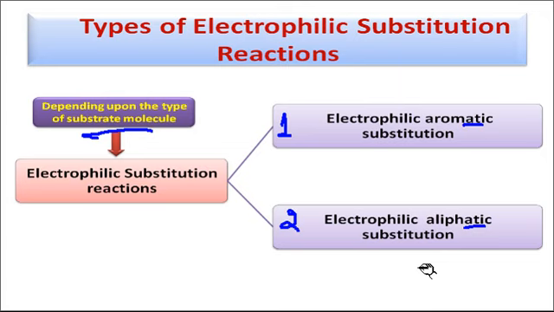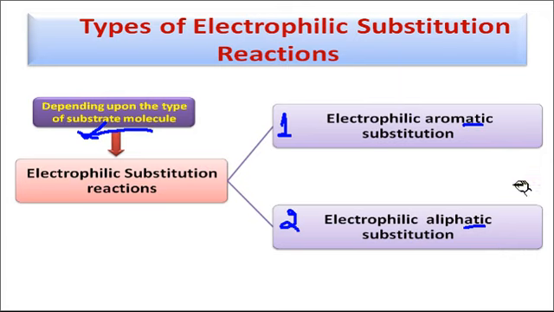So basically, the electrophilic substitution reactions are those reactions in which substitution takes place by the attack of the electrophile onto the substrate molecule, and depending upon the nature of the substrate molecule, these reactions are classified in two categories: electrophilic aromatic substitution and electrophilic aliphatic substitution.